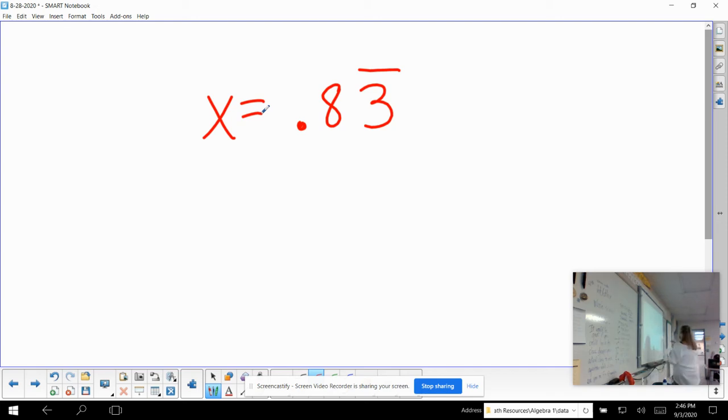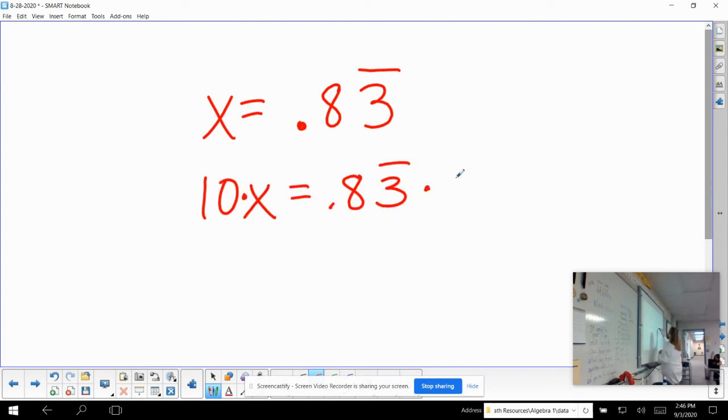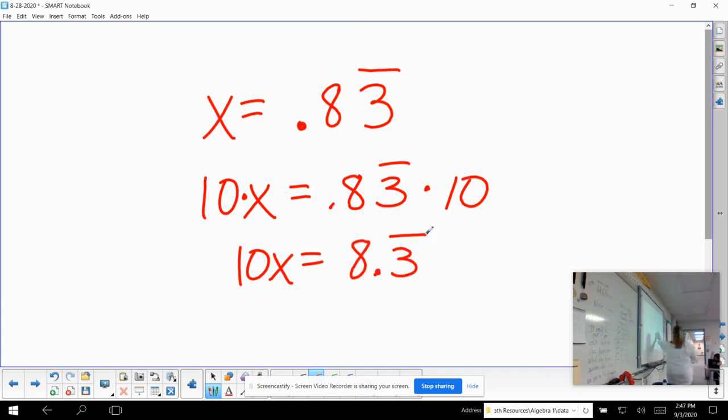So we're going to get 10x equals 0.83 repeating times 10. That moves our decimal one place, and see how our repeater's all by itself? So that's our small equation.